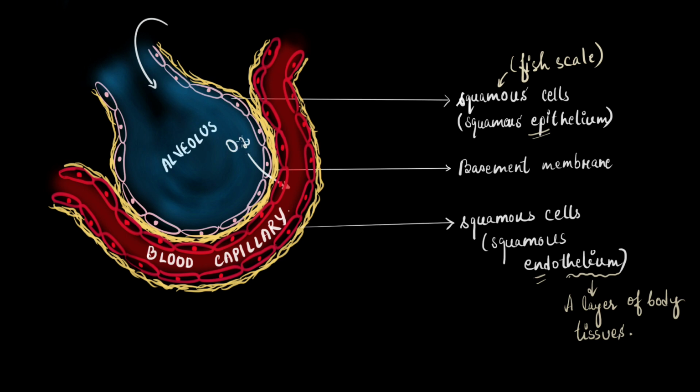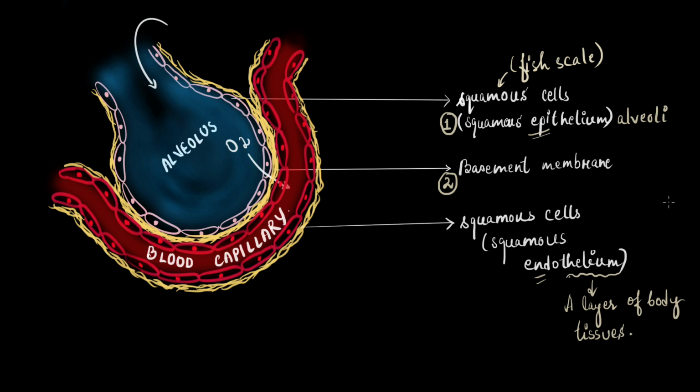So for the gas to pass from our alveolar cavity into our blood, it has to pass through number one, the squamous epithelium of the alveoli. Second is the basement membrane. Now we won't consider the basement membrane of the blood capillary and the alveoli as separate membranes because these are made of the same substances.